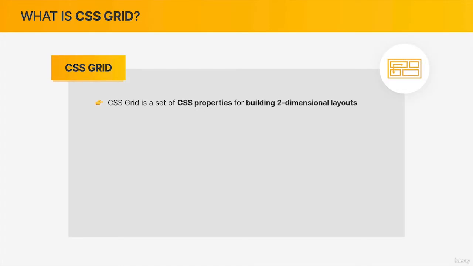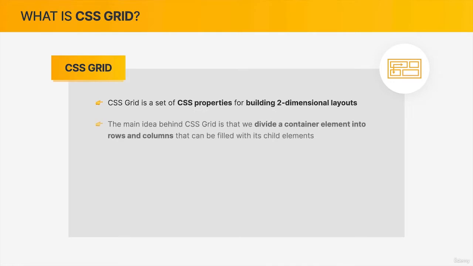And when CSS Grid was first developed and brought into browsers a couple of years ago, the main idea behind it was that now we could divide a container element into rows and columns that we could then fill with its child elements. And a lot of stuff is possible here. So things like spanning elements across multiple rows and columns, overlap different elements, and more.